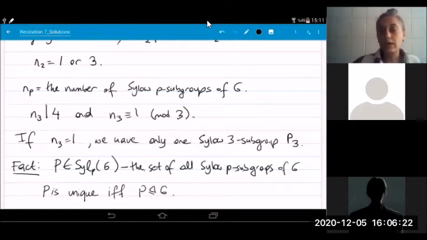You're going to use another Sylow theorem actually. You know the fact that all Sylow p subgroups are conjugate to each other, and a conjugate of a Sylow subgroup is again a Sylow subgroup. You know this fact, right? So by using this one, you can easily deduce that a Sylow p subgroup is unique if and only if it is normal. If it is normal, then it's unique, and if it is unique, then it is normal.